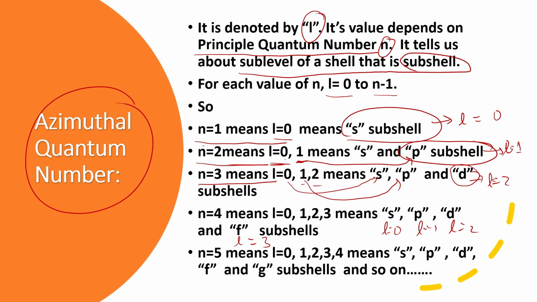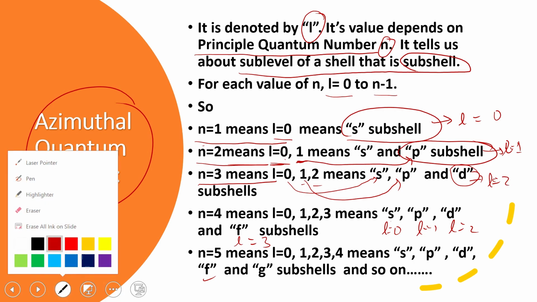Further, n equal to 5 gives 0, 1, 2, 3, 4, so s, p, d, f and g. Like that we move on. Our whole periodic table finishes up to the f subshell. I hope this is clear to you.